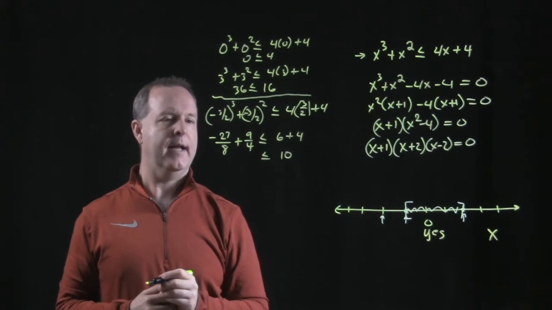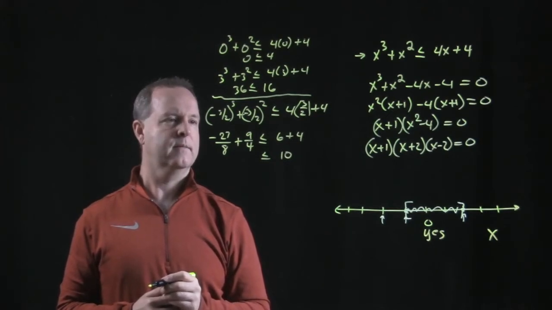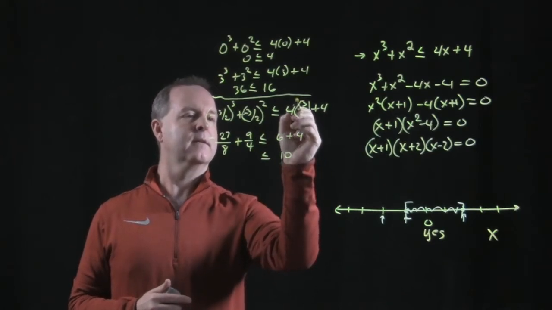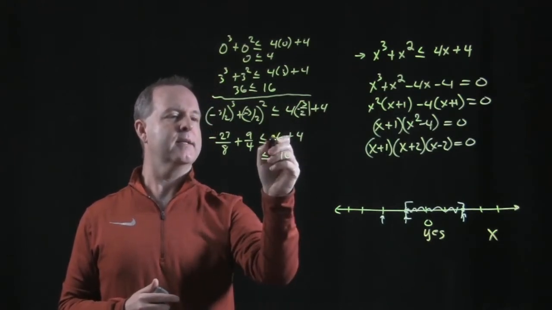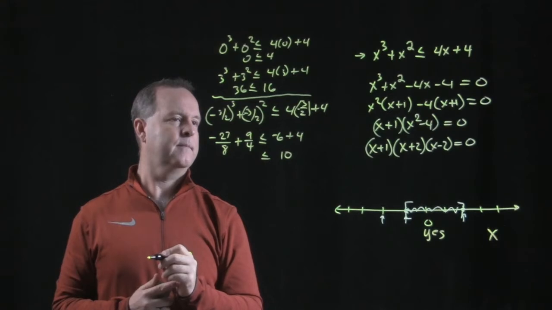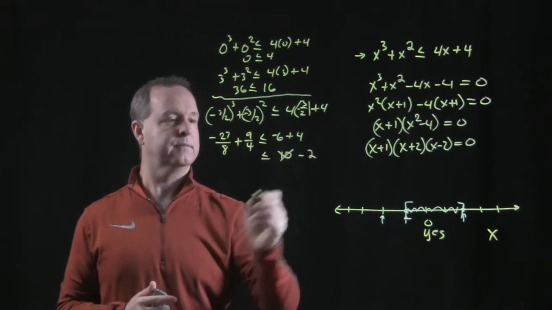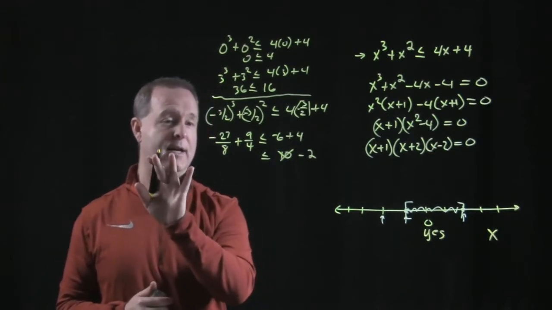And, oops, sorry, that was a negative 3 halves, wasn't it? Negative 3 halves there gives me a negative 6. So negative 6 plus 4 gives me a negative 2. Glad I caught that mistake. I'm glad you guys caught that.